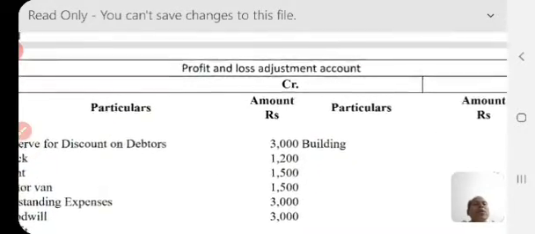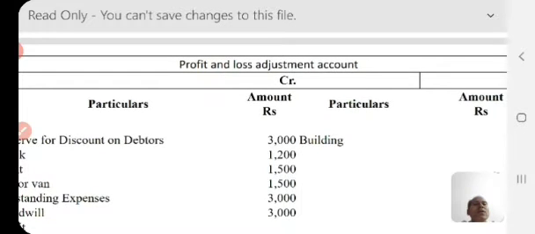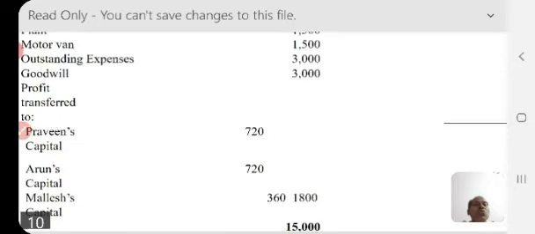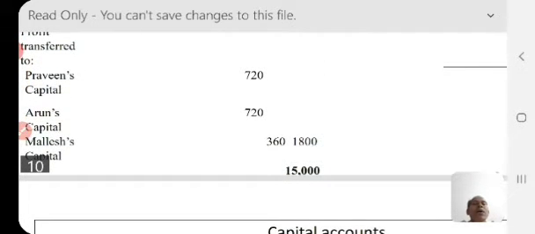So the journal entry is profit and loss adjustment account debit to Praveen's capital account, Arun's capital account, and Malesh capital account. Being the revaluation profit is transferred to the partners' capital accounts.